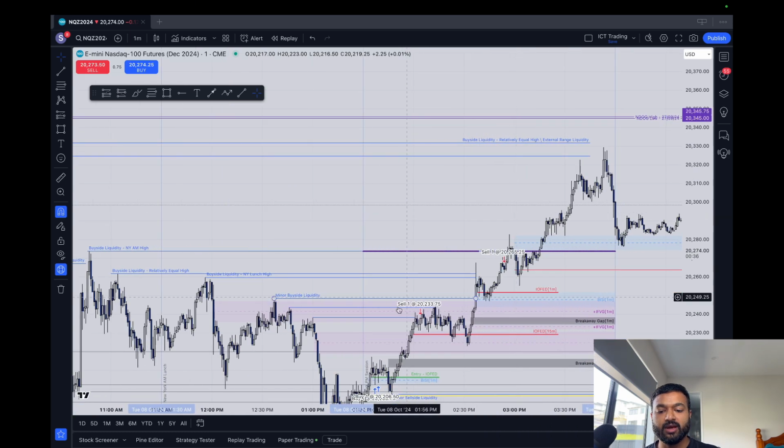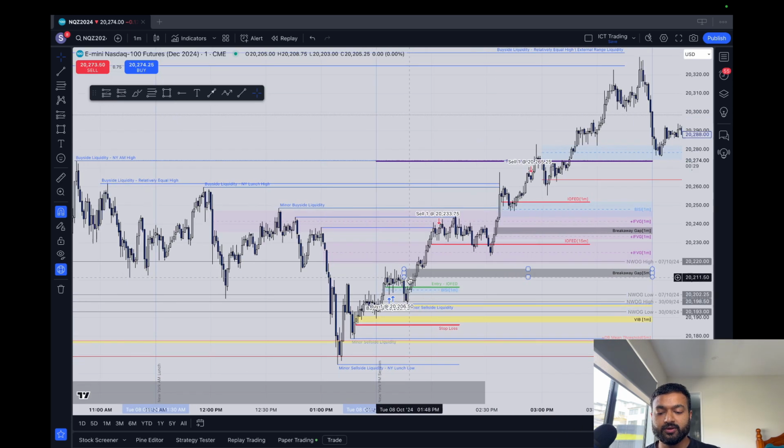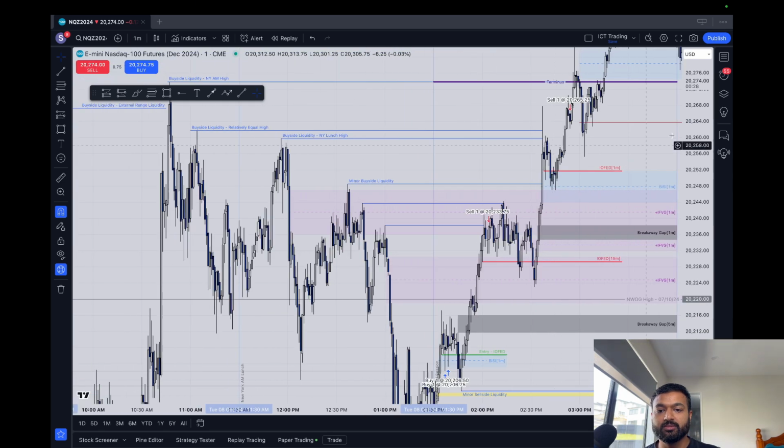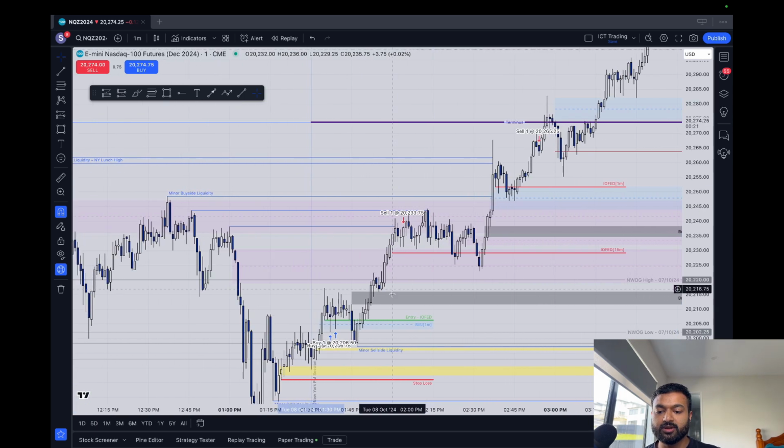So that means I anticipated price to move in this direction, and I wanted to capture a few points from that move. And then my low-hanging fruit was here and this one here, this high of the New York AM range.